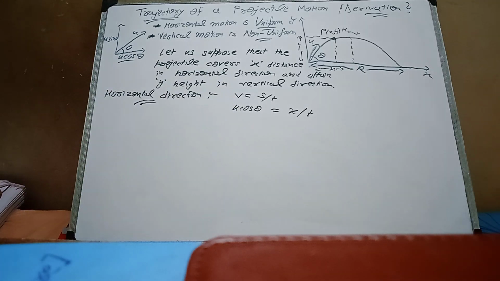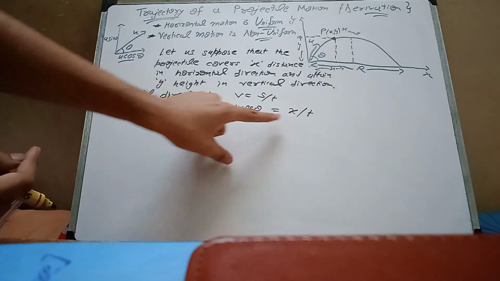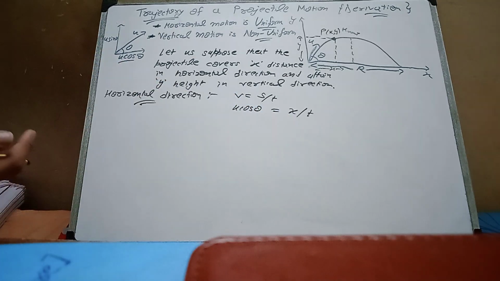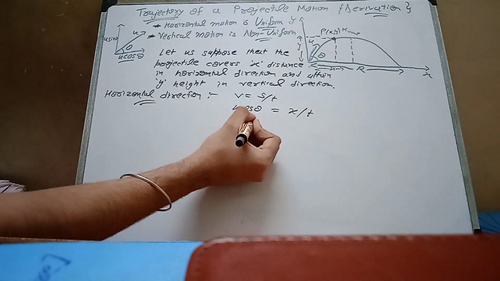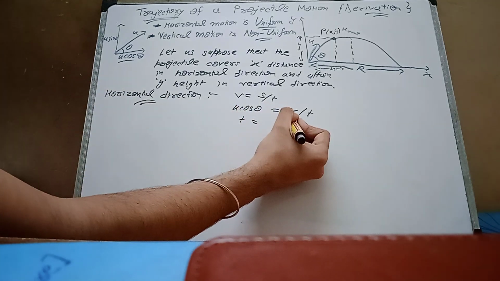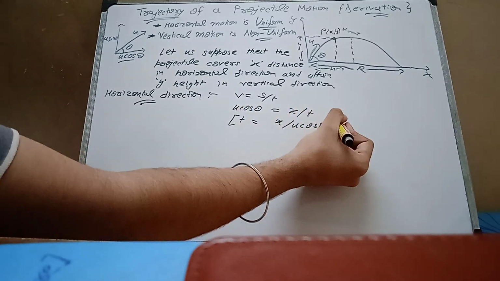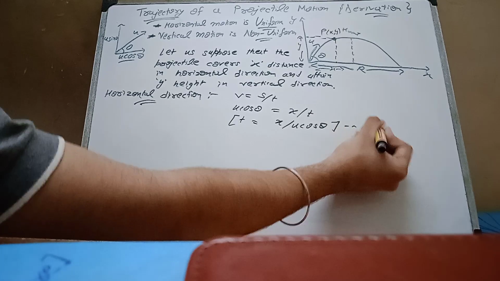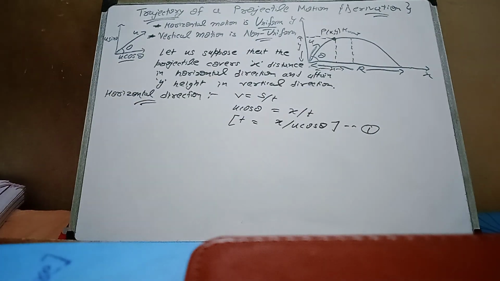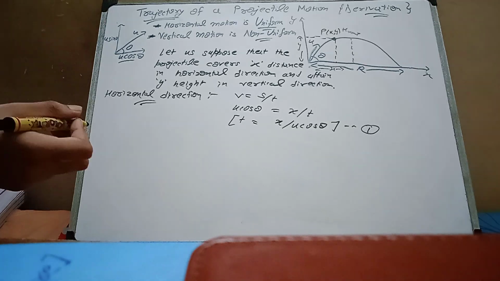I told you that we have to eliminate the time expression. So we can write that t equals x upon u cos theta. Now we can put this in an equation and the equation becomes time independent. Trajectory equation is always time independent. So this is the first equation.